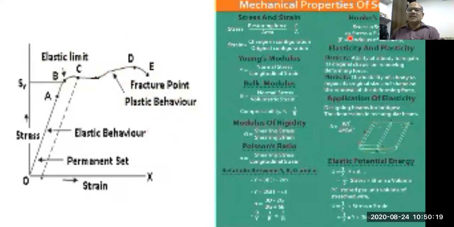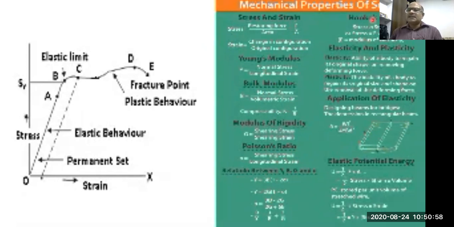So these are the mechanical properties of solids which you can consider, like stress and strain. Stress is restoring force divided by area. Strain is the change in configuration divided by the original configuration. Using these concepts, we find Young's modulus and bulk modulus, modulus of rigidity, Poisson's ratio, and the relations between all these factors.